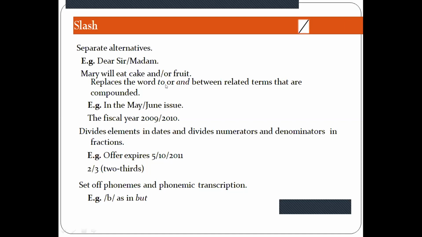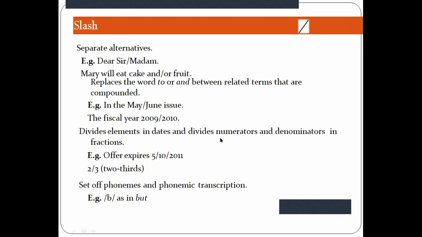A slash replaces "to" or "and" between related terms that are compounded. In the May/June issue, instead of saying in May or June, or in the May and June issue, use a stroke like that. The fiscal year 2009/2010, learn more about that.